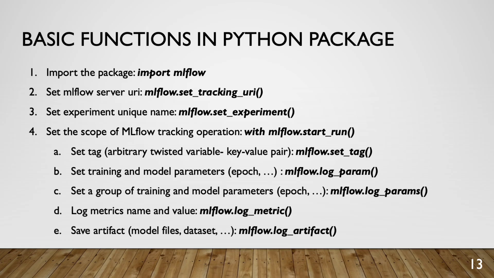And then everything goes into the mlflow.start_run block. We can set a tag with set_tag, set parameters with log_param or log_params, and also log_metric and log the artifacts. Now let's go to the programming environment and see how these functions work.